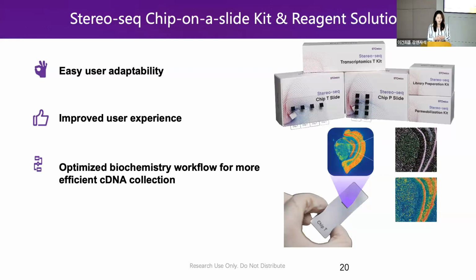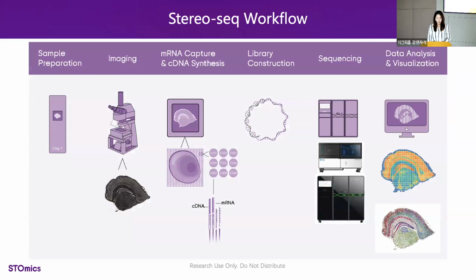For the kit and reagent solution, we are offering easier user adaptability and also improved user experience with our newly designed kit. Our workflow has also been optimized with specific biochemistry design for more efficient cDNA collection along the way. So what does the Stereo-seq workflow look like? It's really simple. You pretty much attach a frozen tissue section onto the chip.